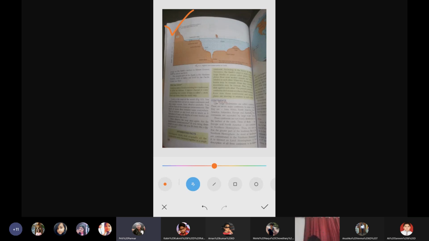A narrow channel of water connecting two oceans or seas is called a strait. Underline strait. Where two water bodies or two oceans are connected by a small narrow stream, that is called a strait. But when two land masses are connected with each other through a small strip, that is called an isthmus. Now I'll show you one example.